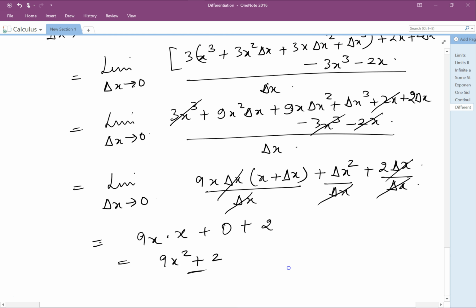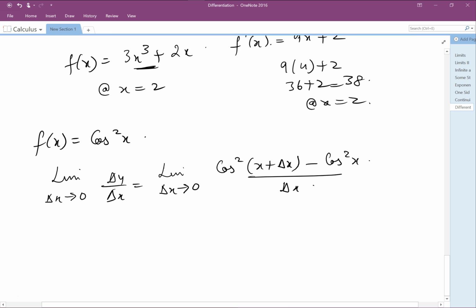So let's say f of x equal to cos square x. Just start off as limit as delta x approaches 0 of cos square. Remember, wherever x is there, you have to put x plus delta x. So cos square of (x plus delta x) minus f of x, so that is cos square x, by delta x.